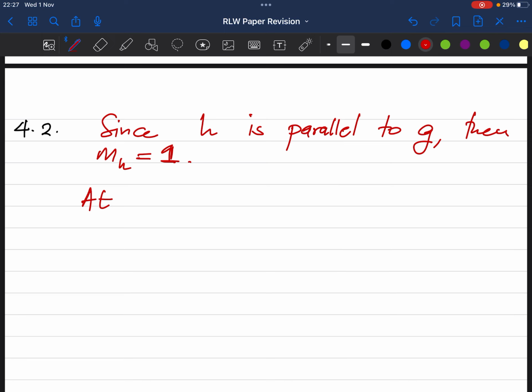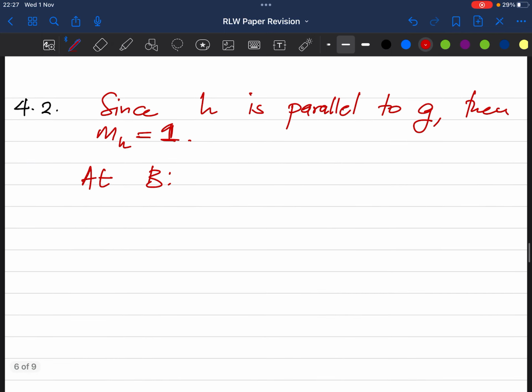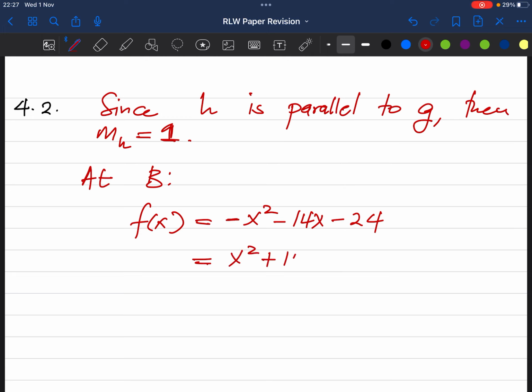Now at B, what is it that we know? We have f of x equal to negative x squared minus 14x minus 24. Now we can simplify this further to have those x values. I can divide through by negative, so I have x squared plus 14x plus 24.